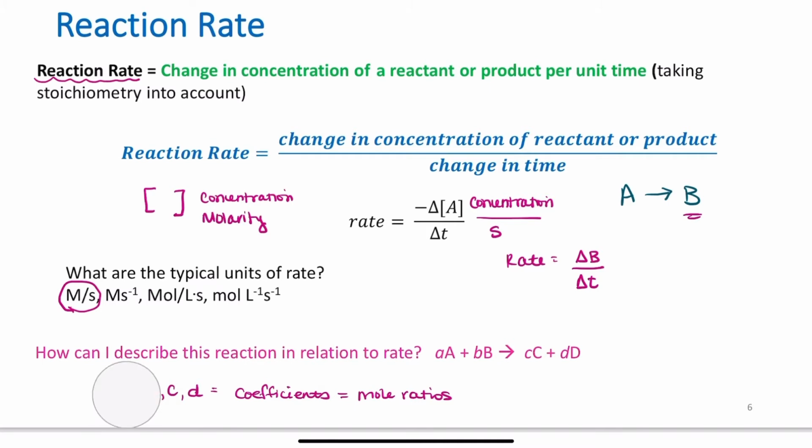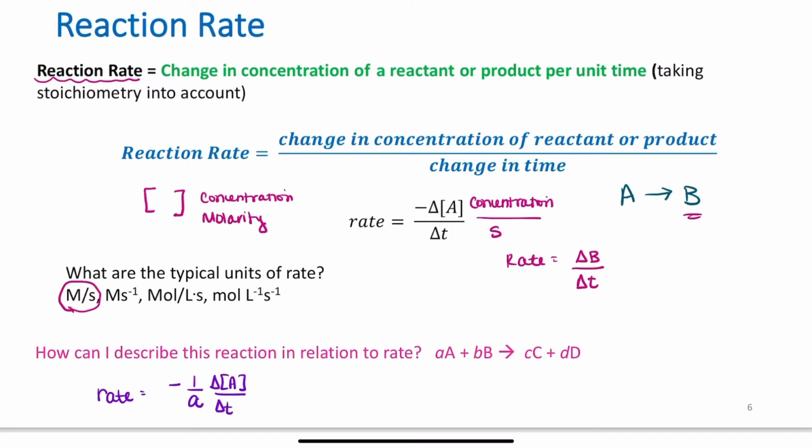The way I would write it for this specific reaction would be rate equals, let's talk about A first. A is a reactant, so it's negative because its concentration is decreasing. And I've got a stoichiometric relationship here. I'm going to say 1 over a times the change in concentration of A over change in time.